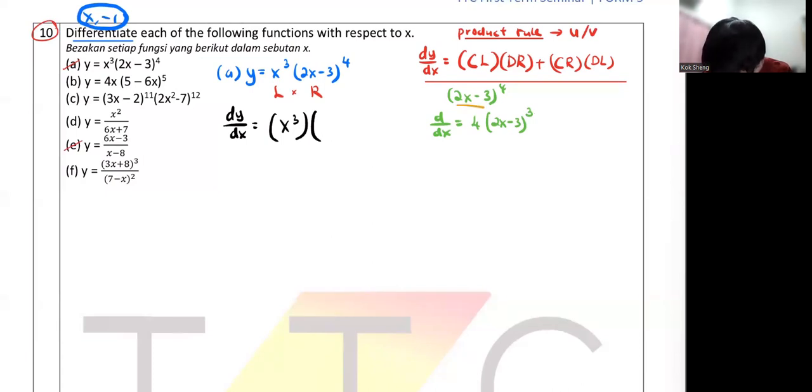Inside here, 2x minus 3. This one we differentiate. The power here is 1, times it, minus 1. The negative 3 has no x, so it will become 0. So you get 2.